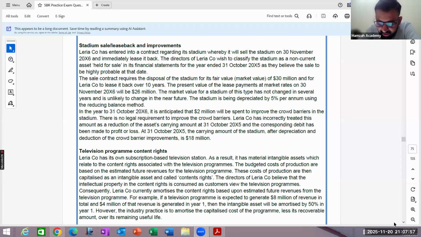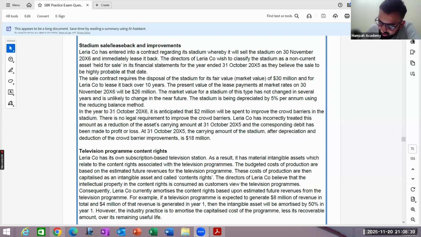So Lyria Co has entered into a contract regarding its stadium, whereby it will sell the stadium on 30th November X6 and immediately lease it back. The directors of Lyria Co wish to classify the stadium as a non-current asset held for sale in its financial statements for the year ended 31st October X5, as they believe the sale to be highly probable.